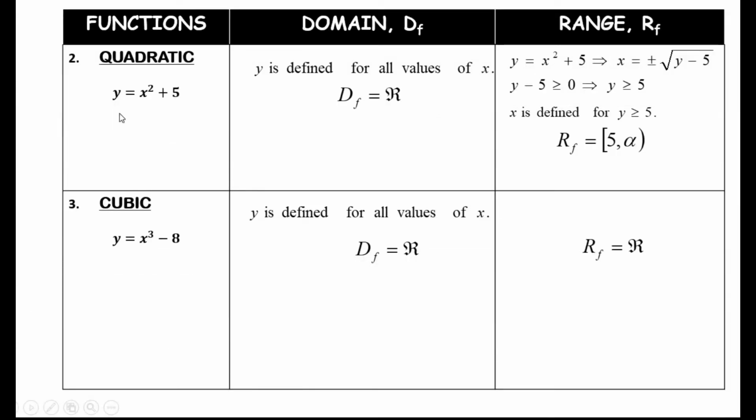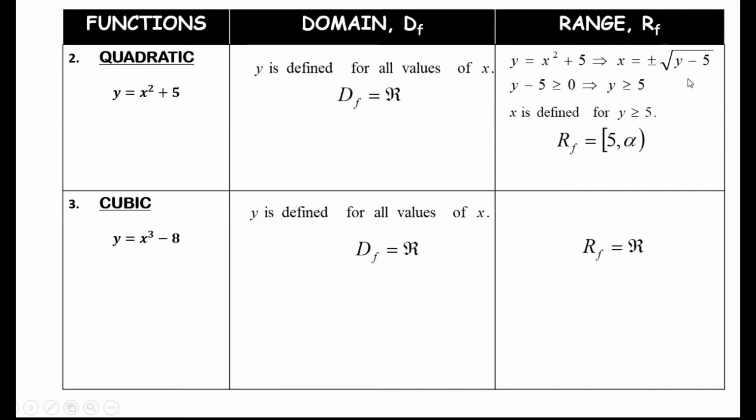So what about the quadratic function? We have y equal to x squared plus 5. From this function, we know that y is defined for all values of x, so the domain of f is all the real numbers. But if we change the subject to x, we get x is equal to plus minus square root of y minus 5.